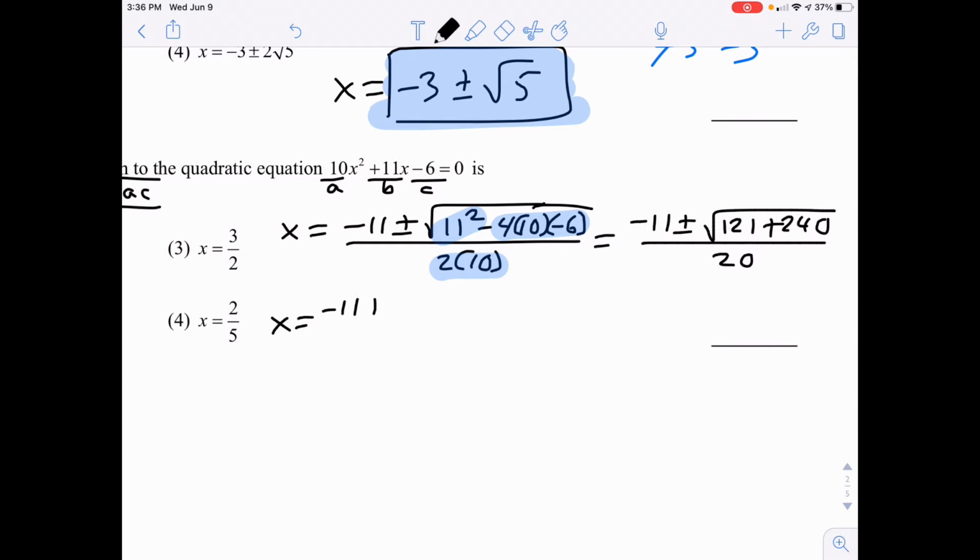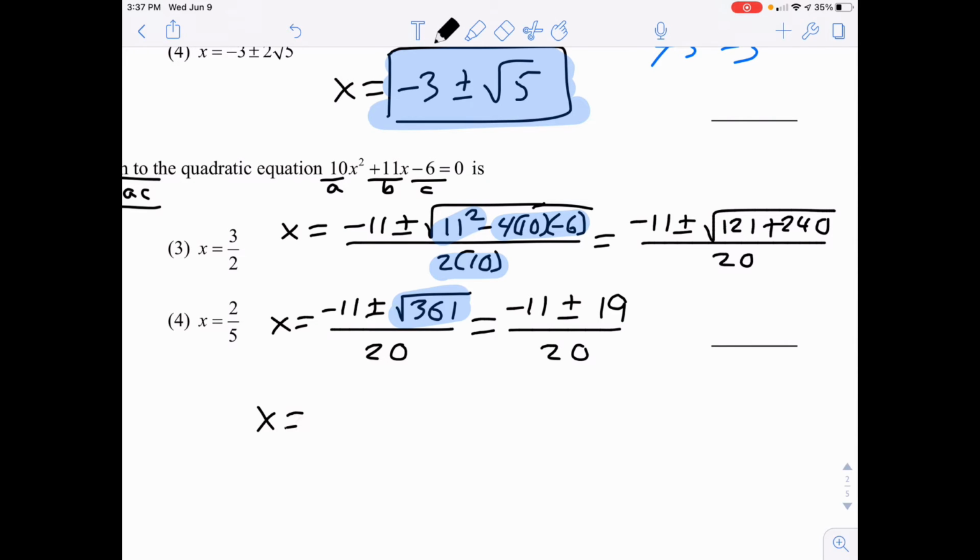X is equal to negative 11 plus or minus the square root of 361 over 20. Now, you should try and enter this in your calculator. It turns out that the square root of 361 is actually a rational number, a whole number, in fact. So this is negative 11 plus or minus 19 over 20.